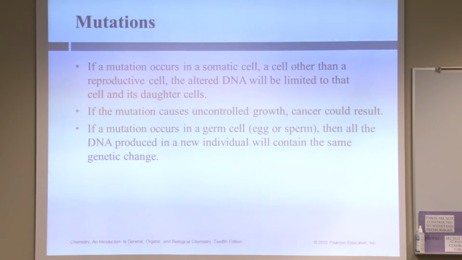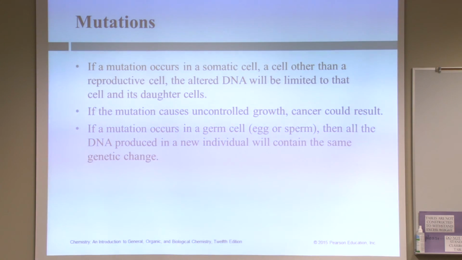If the mutation causes uncontrolled growth in these somatic cells, cancer could result. So mutation is the precursor to the uncontrolled growth in these somatic cells, and that could result in cancer.